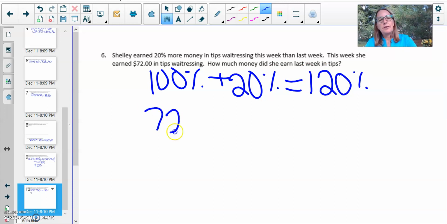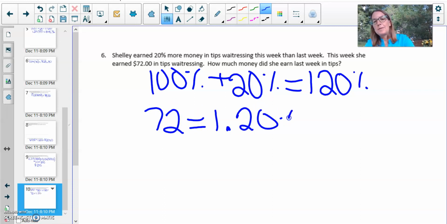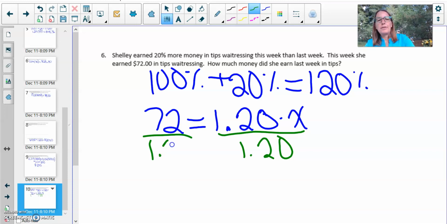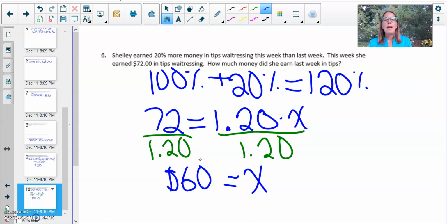So it would be 72 equals 1 and 20 hundredths times what she made last week, which was X. Do my inverse work. Divide by 1 and 20 hundredths. And I get her tips for last week were $60.